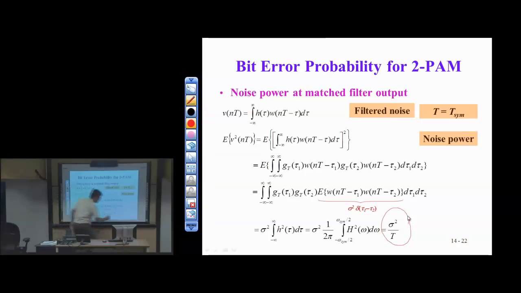Here, capital T is actually the symbol time, so this is equal to sigma squared times F sym. This matches the claim on the previous slide that the variance is scaled by twice the bandwidth of the low-pass filter, and the bandwidth was half the symbol rate. 2 times half the symbol rate is the symbol rate. This will come into play later in our derivations of symbol error rate in part 4.